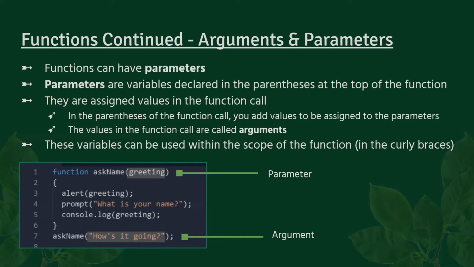But that's not what's happening in line 7. Basically, it takes all your information, that's great, but it just prints how's it going to the console. I don't like this example code. Let's go back.